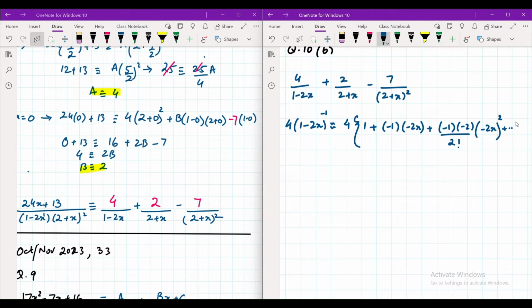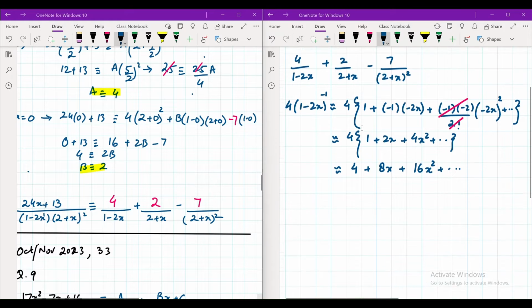And since we just need up to x squared, we can just leave it over here. So 4 times 1 plus 2x, minus 1 times minus 2 is 2. The 2 factorial is the same, so it can cancel. And then (-2x) whole squared will be just plus 4x squared. So when we multiply the 4 inside, we have 4 plus 8x plus 16x squared.